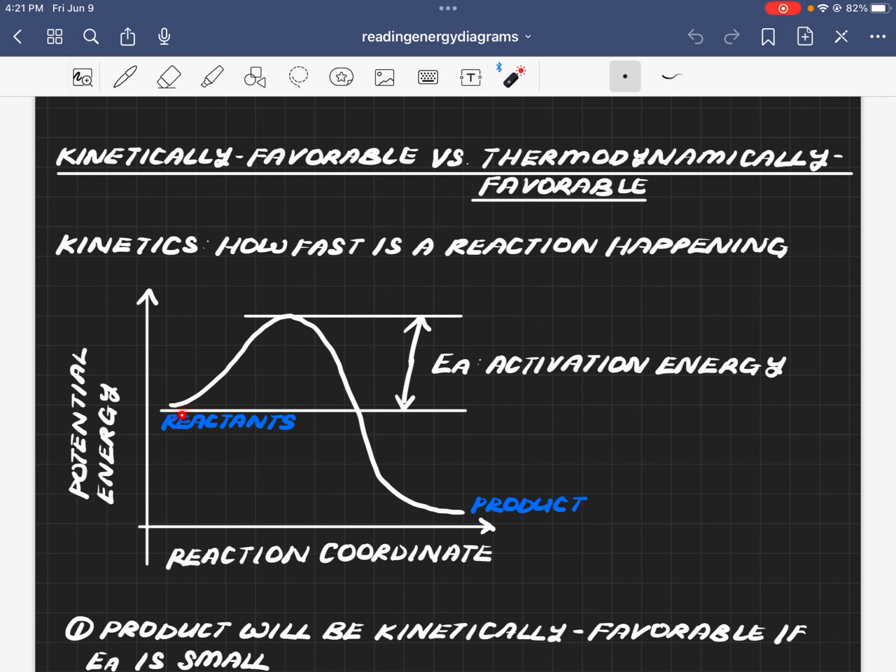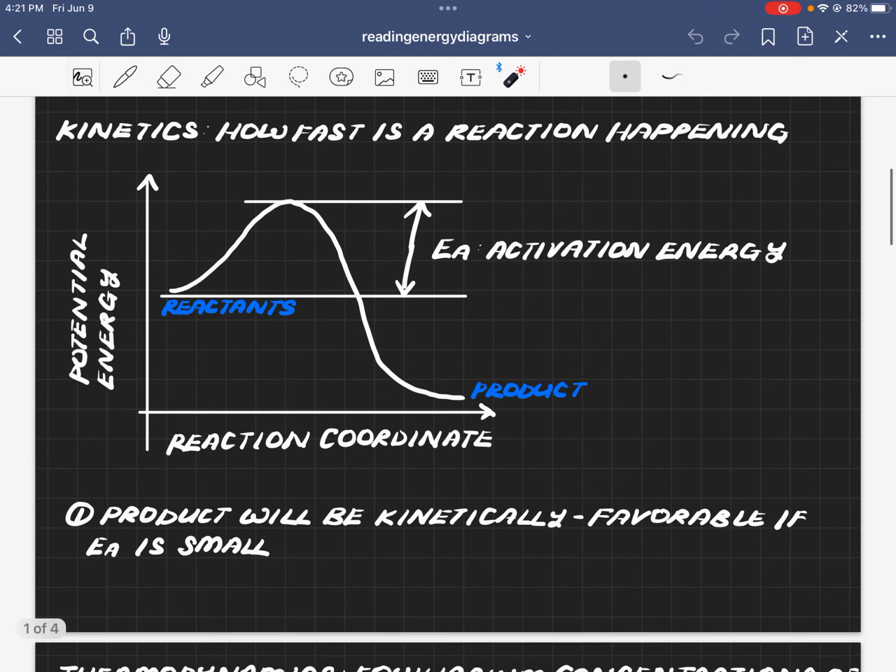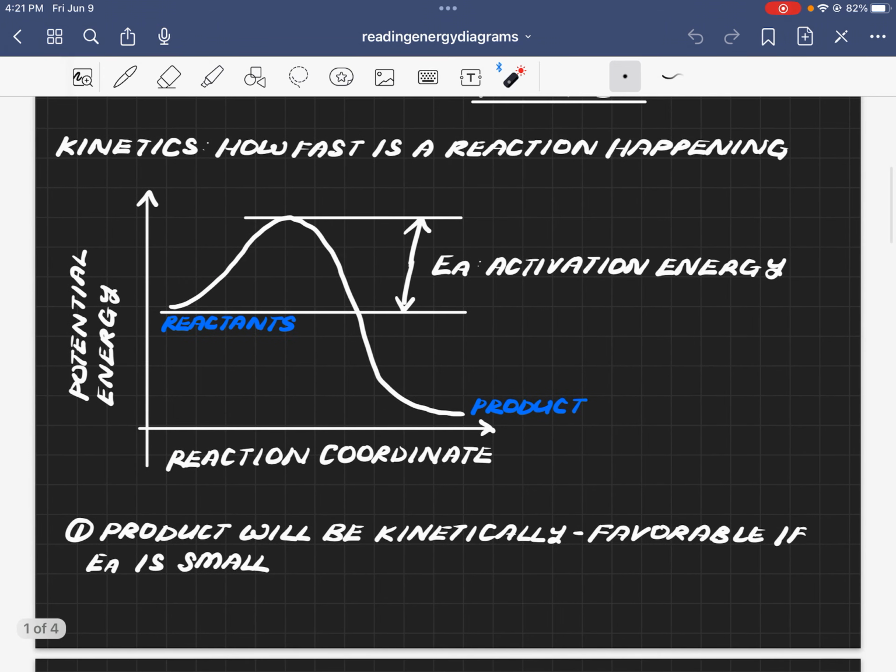So the activation energy from these points here. Now, we can tell that a product is kinetically favorable if the activation energy is pretty small. But if the activation energy is pretty large, then it wouldn't be kinetically favorable.